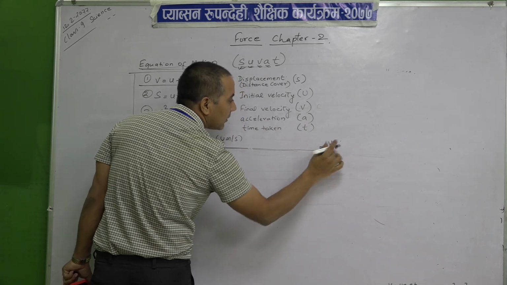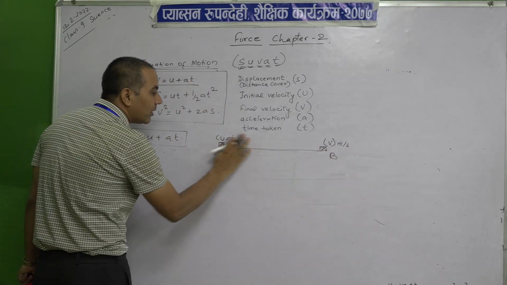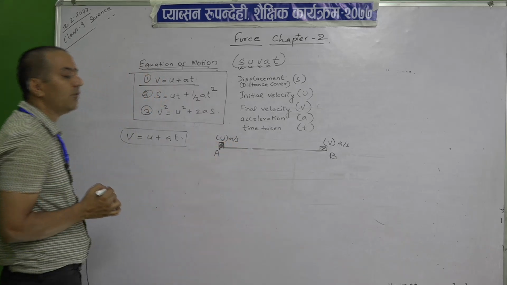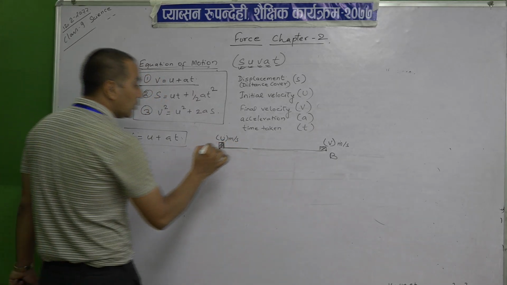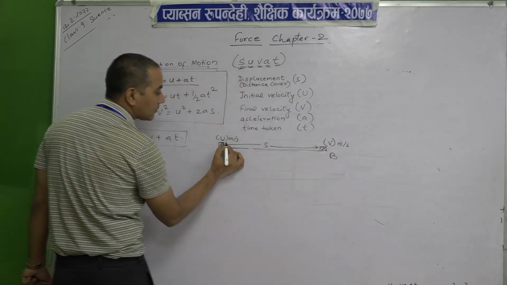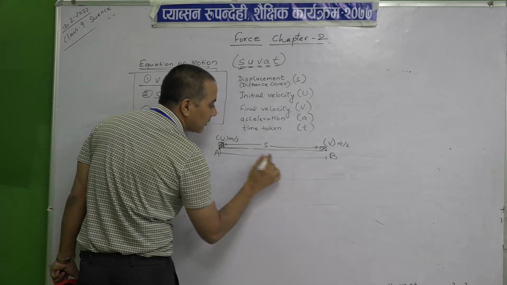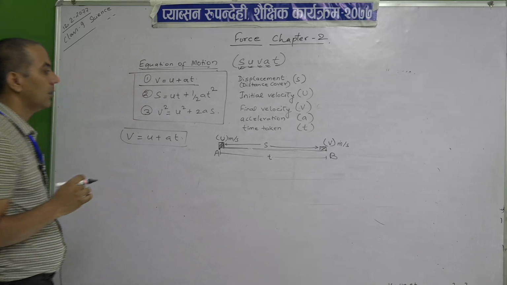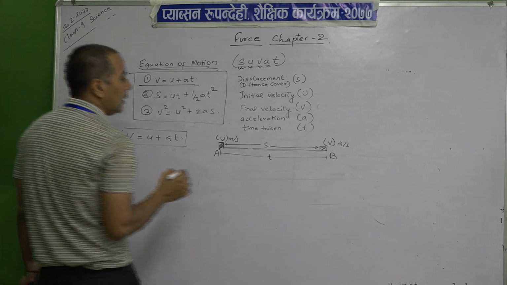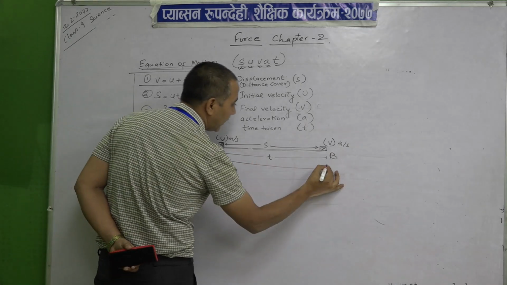I am writing the units so that it makes it easier to know what u and v denote. The distance covered between them is s, the time taken to reach there is t, and the acceleration produced is a.